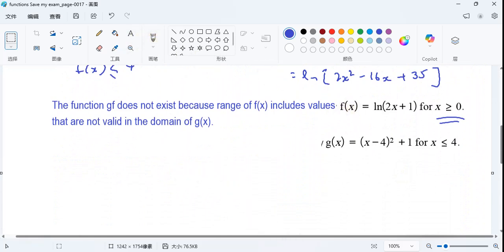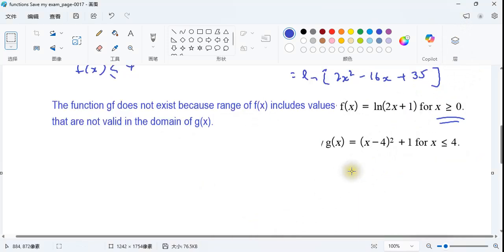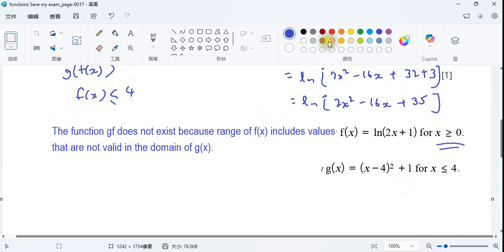The ln we have found just now has values greater than 0, so there are values that are greater than 4. So the part that is not valid is f(x) greater than 4.